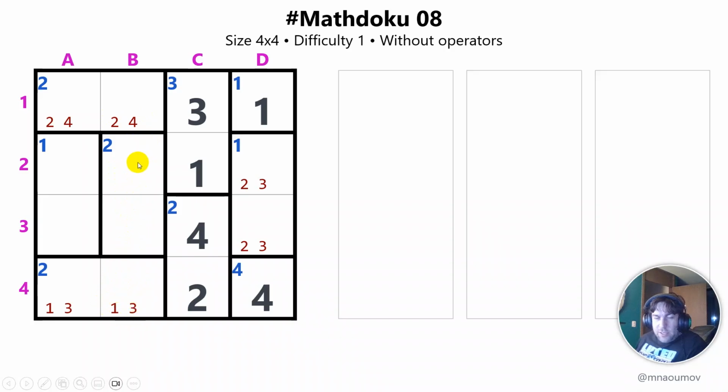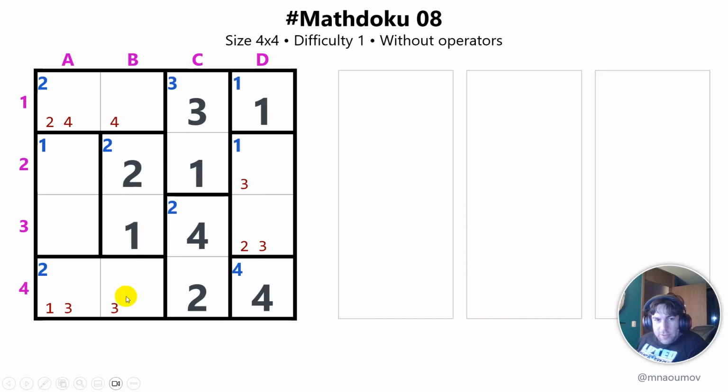So it cannot be 1, 3, and it cannot be 2, 4. Then the only option for this cage is 1, 2. But similarly, cell B2 cannot be 1 because there is already 1 in the second row. So this would be 2 and this would be 1.